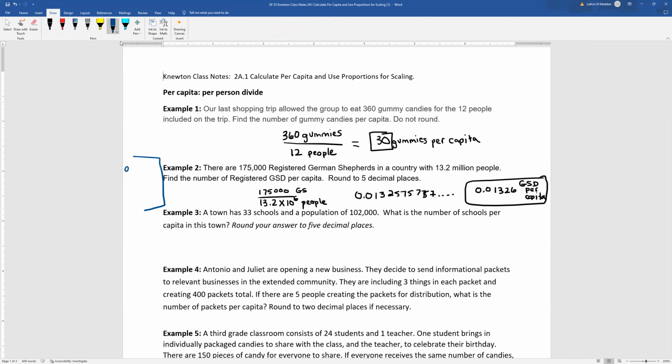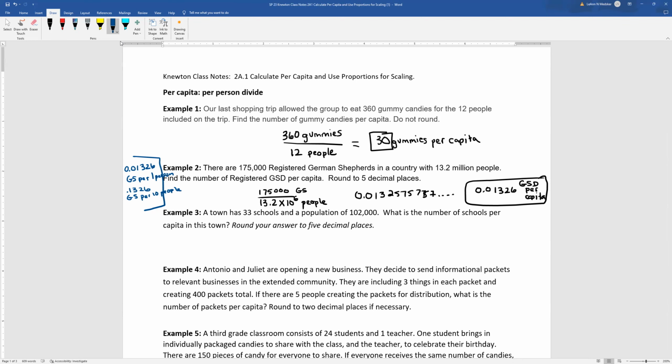If I have 0.01326 German Shepherds per one person, if you move that decimal one place to the right, that is like multiplying by 10. So 0.1326 German Shepherds per 10 people.